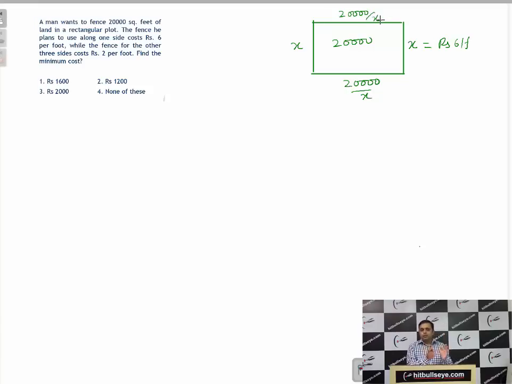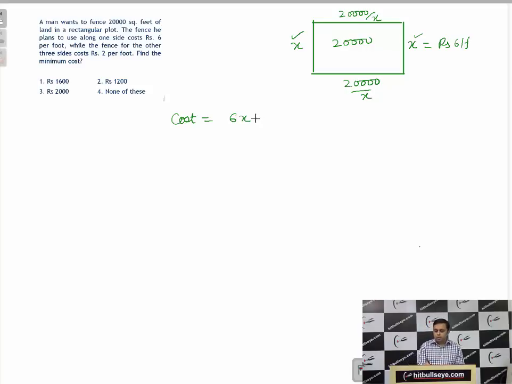Now let us try to make the cost function here. So what will be the total cost? Here this side costs rupees 6 per foot and the total length is x feet. That means the total cost here will be 6x rupees. Similarly, this side costs rupees 2 per foot and the total length is x feet.